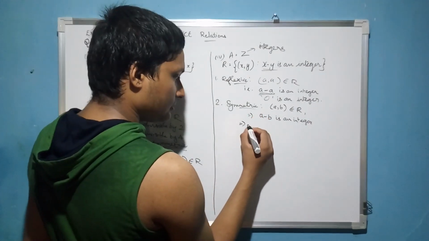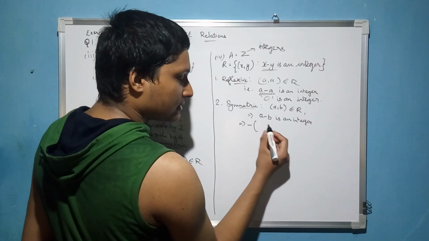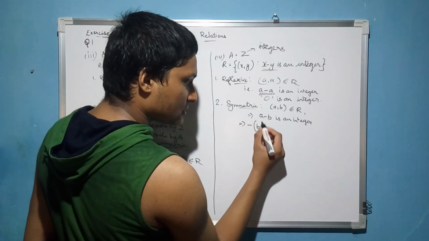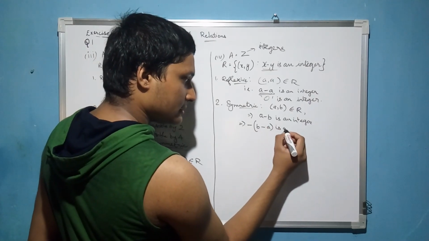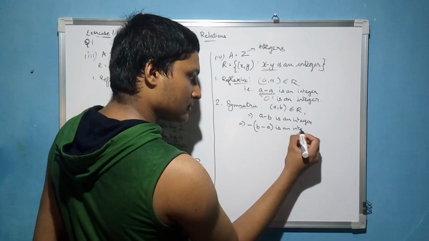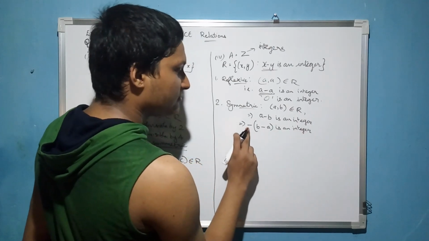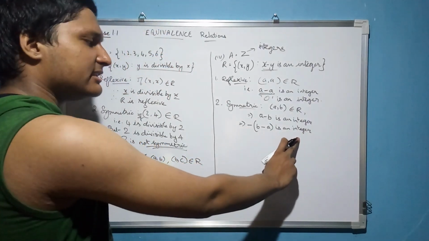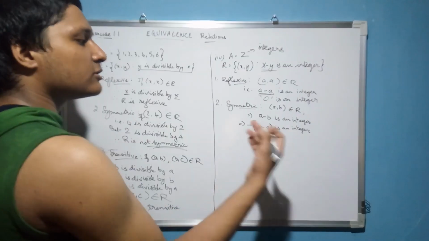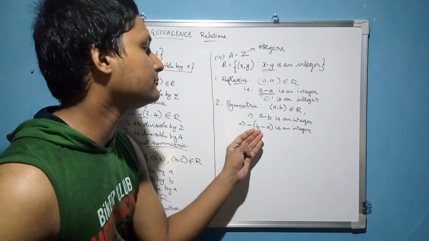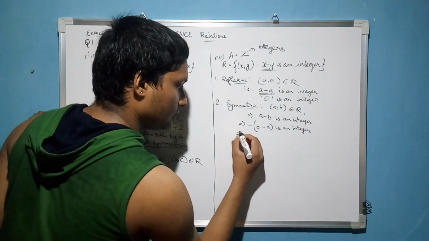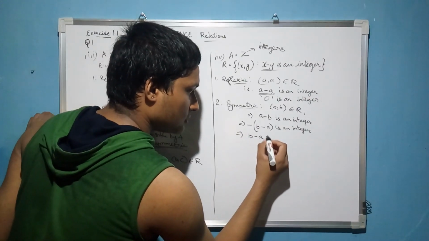Okay, I'll just show you that. Minus I am taking outside, and this b becomes positive, a becomes negative. b minus a is an integer. This minus doesn't matter because it is just an integer. So this minus is also an integer. Minus 1 into. So an integer comes under negative numbers also. Therefore, b minus a is also an integer.